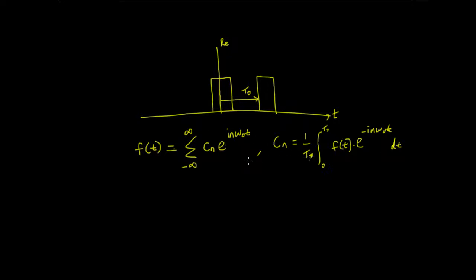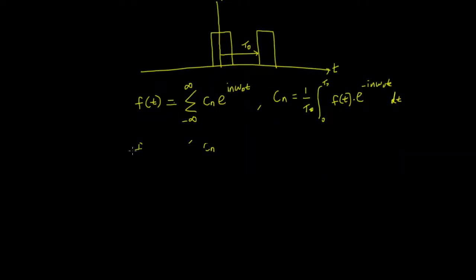So what I want to do is find these values of Cn. We can write that again as Cn equals 1 upon t naught, the integral. Now we can just replace the limits because nothing happens in this point here between the 0 and t naught.